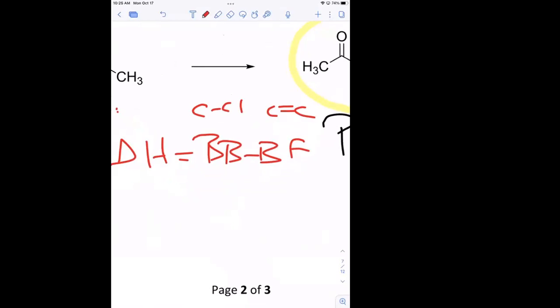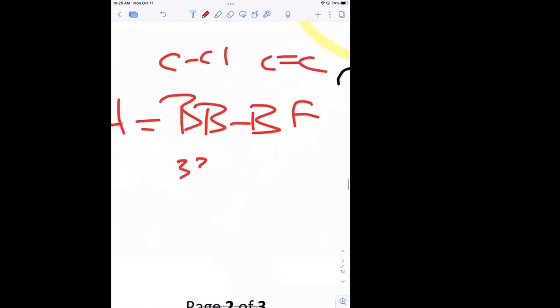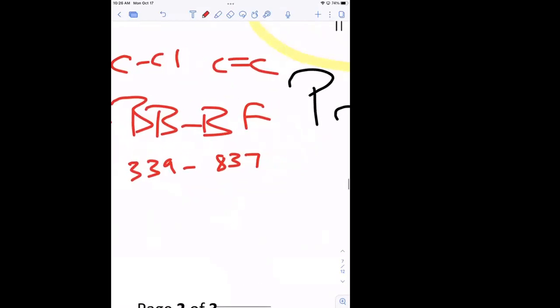The more you look at the chart, the more you're gonna be able to read. You're gonna be an expert. So 339 minus 611. That's still a lot. What is that? 427 or 327? 227, is that right?